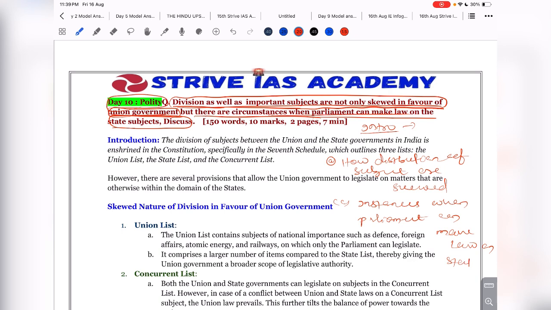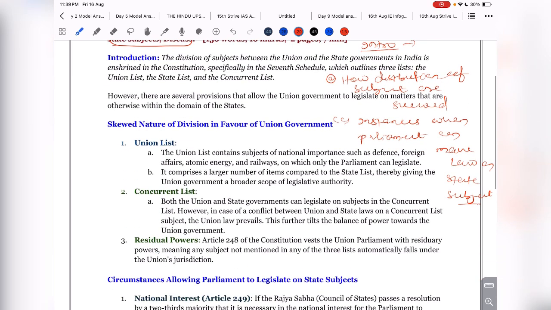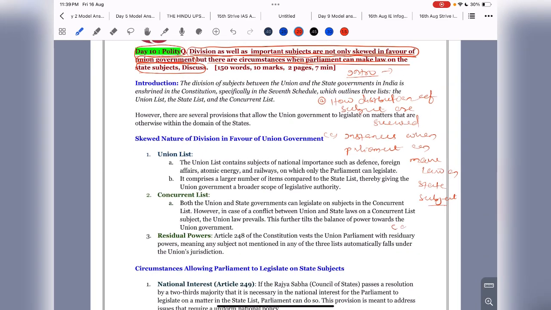Then after that you need to write a conclusion. So that's it. Let's see the sequence of answering one by one.